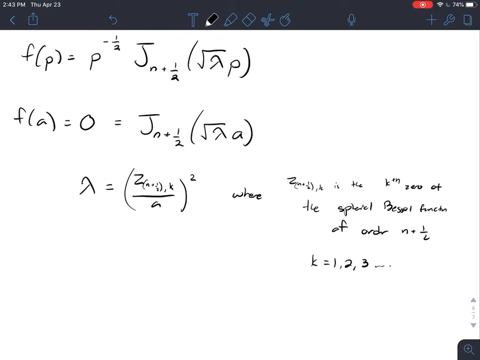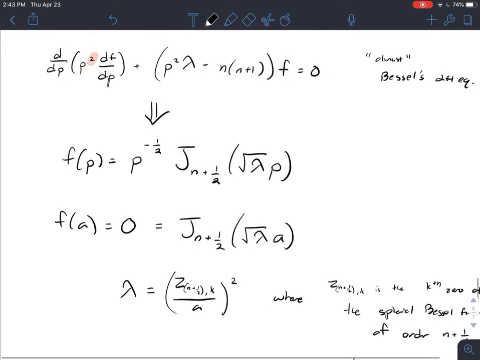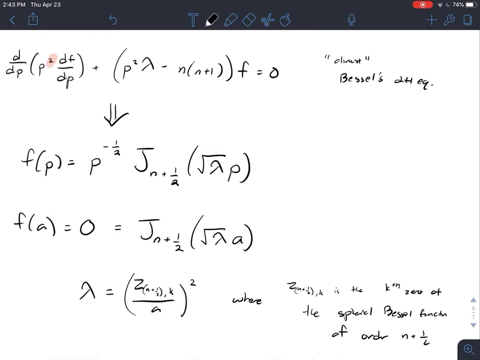Great. So now we have a solution for f of rho. Oh, quick thing about rho. Remember that we have a singularity condition, the singularity being at the absolute center of the sphere. So we also have an additional boundedness condition since we're inside the sphere.